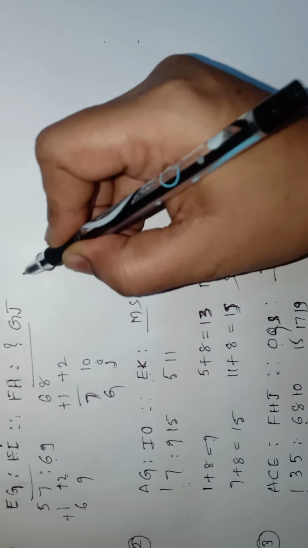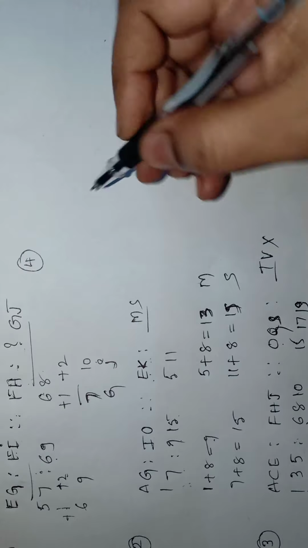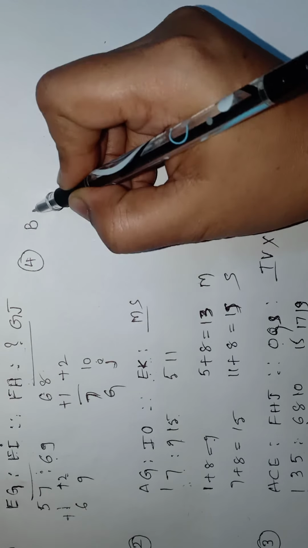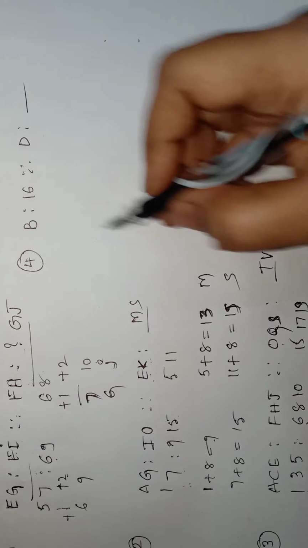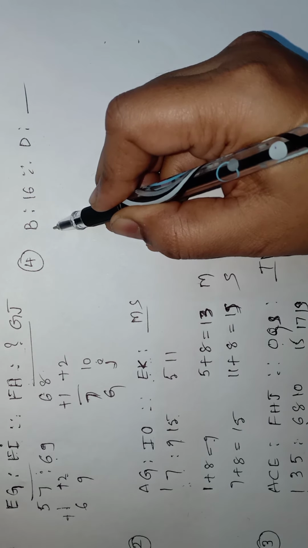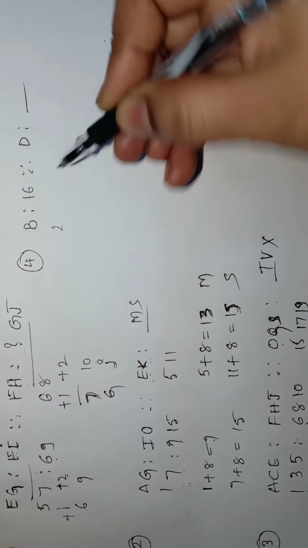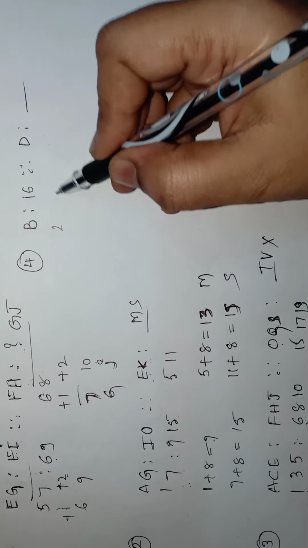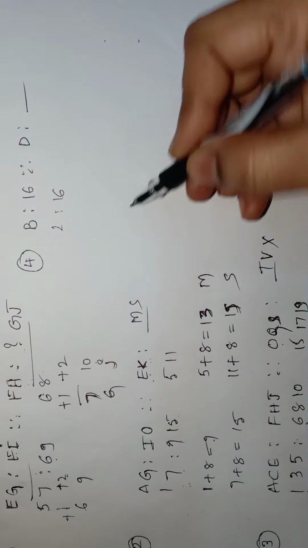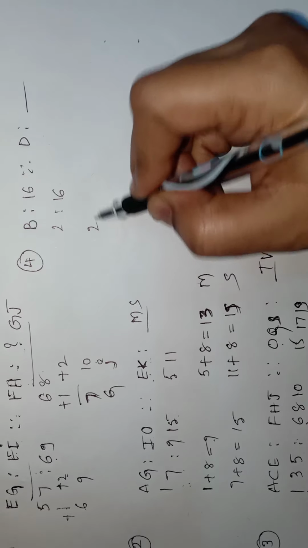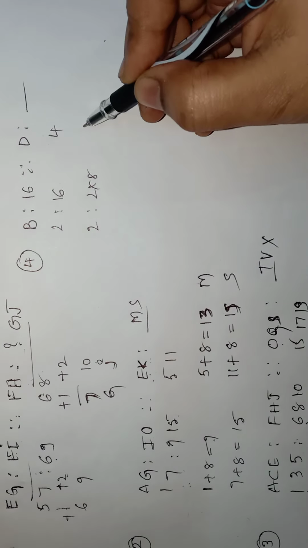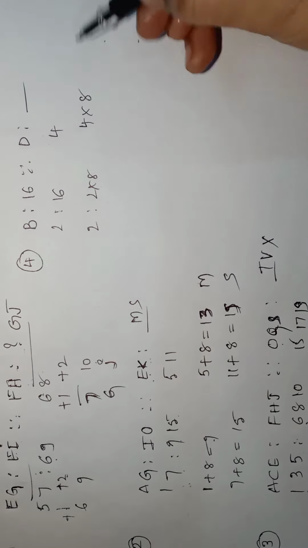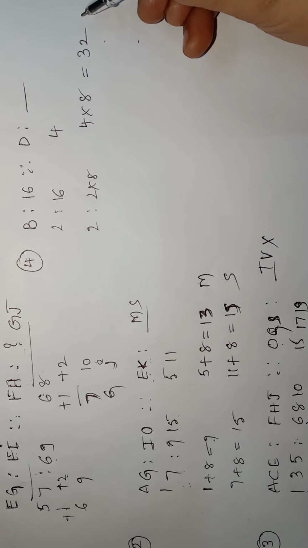Take another one, the fourth one. B is to 16 and D is to dash. What is the number of B? 2. So 2 is to 16. 2 eights are 16. Here, 4 eights are 32.